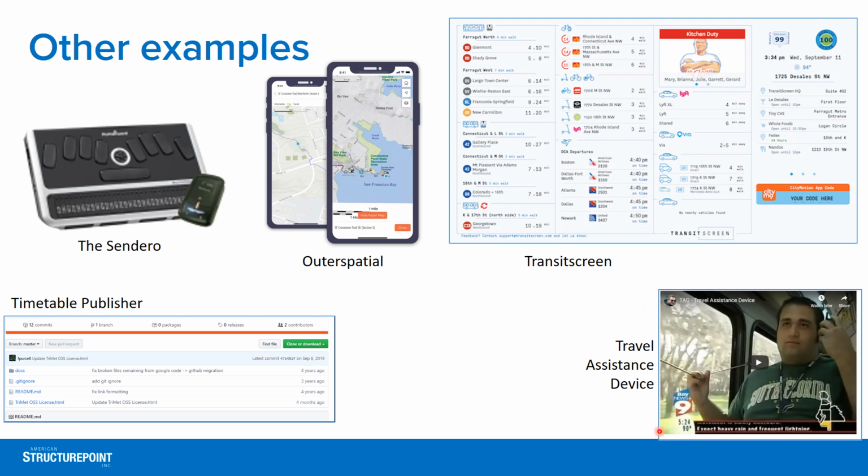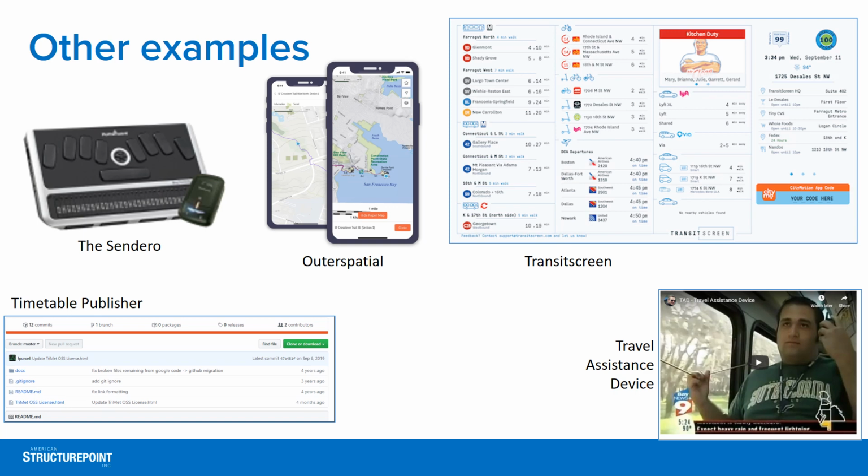A final application that was developed by the University of Florida is the Travel Assistance Device, or TAD, which is used by visually impaired or developmentally disabled people who have difficulty otherwise navigating a transit system. Like Google Map Trip Builder, you use the TAD to build a trip plan.